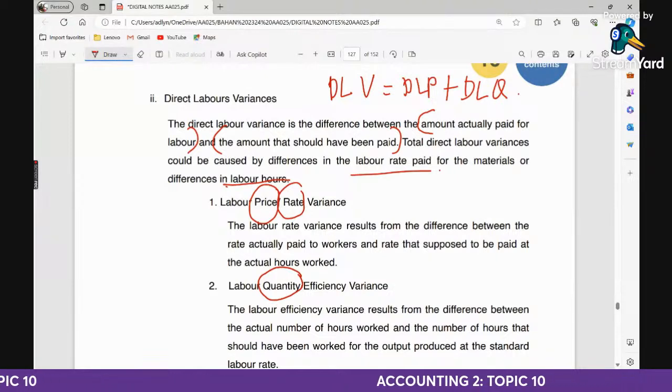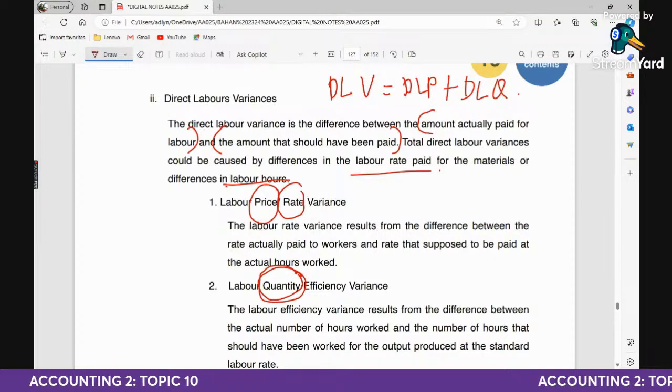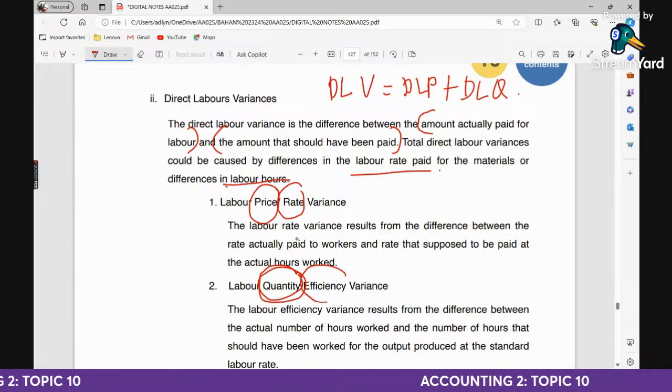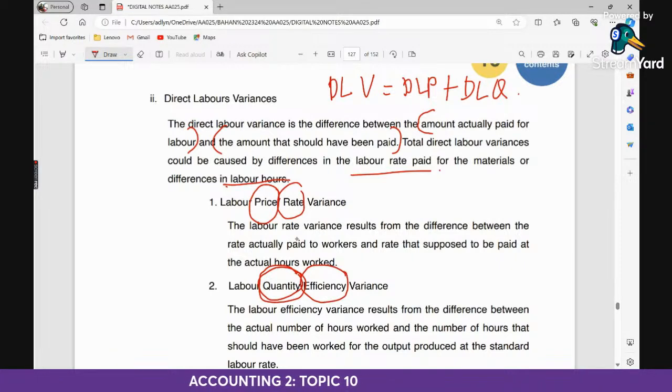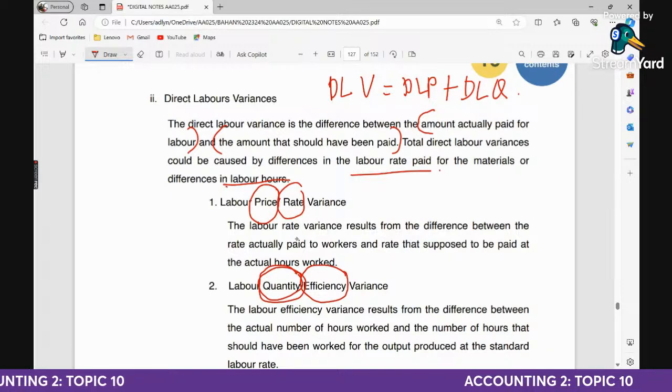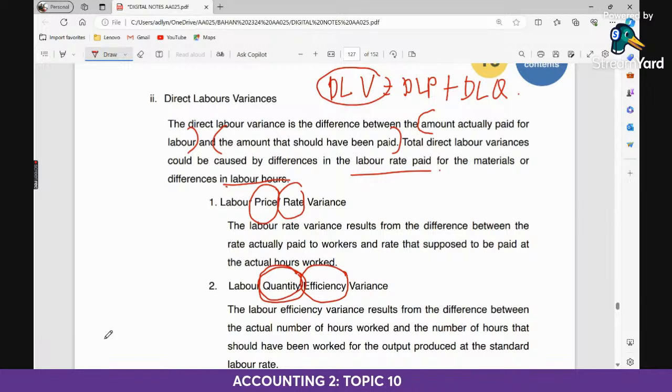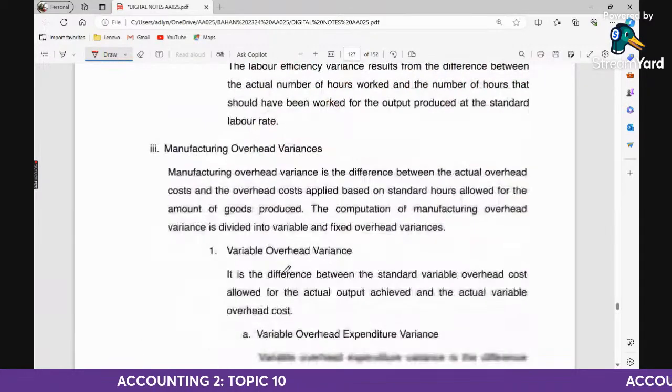So 2 minit tu lebih cekap kan? Okay, so it's either you use the term quantity ataupun you use the term efficiency variance. So direct labor price variance kita akan tambahkan dengan direct labor quantity variance, you akan dapat direct labor variance. Okay, alright, so itu untuk direct labor.